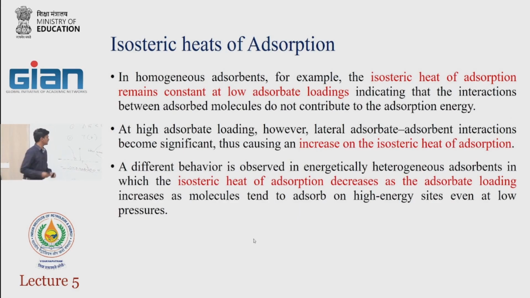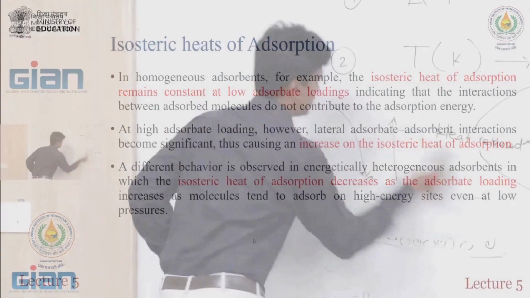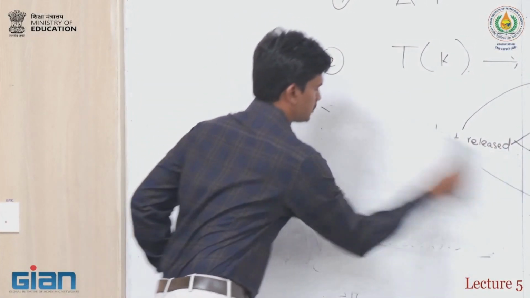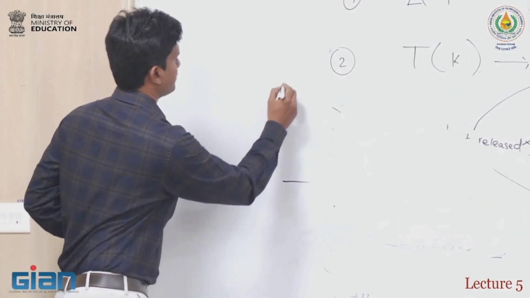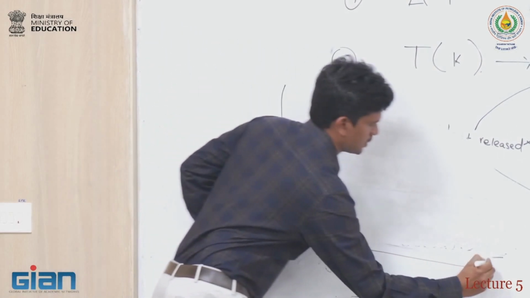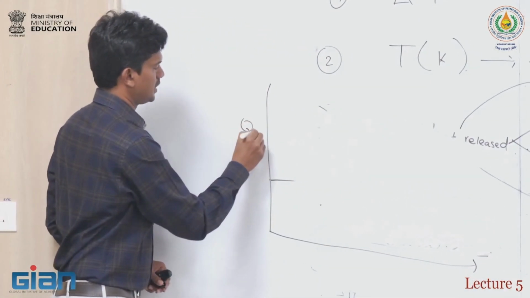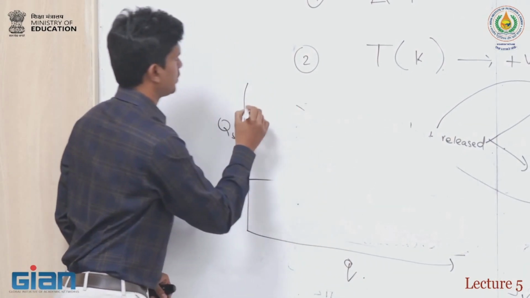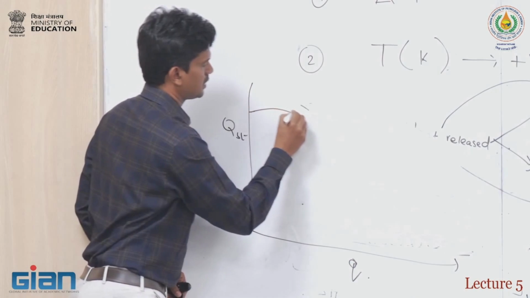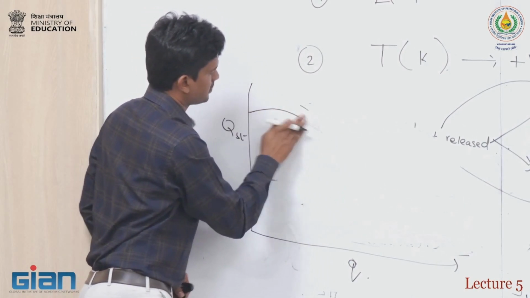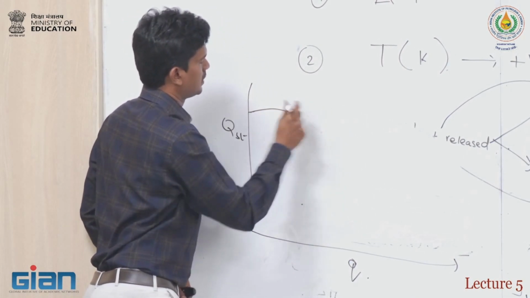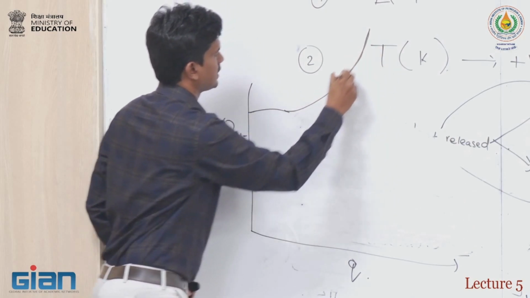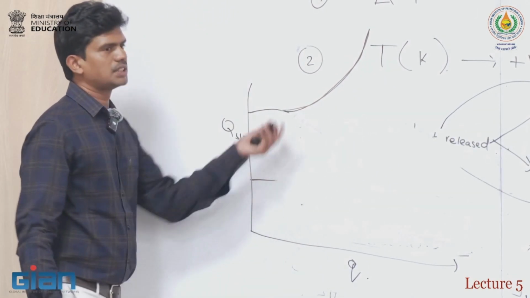It will look something like this. If we plot the isosteric heat of adsorption against the loading, at low loadings it is constant, and then it may increase something like this. That is for a homogeneous surface.